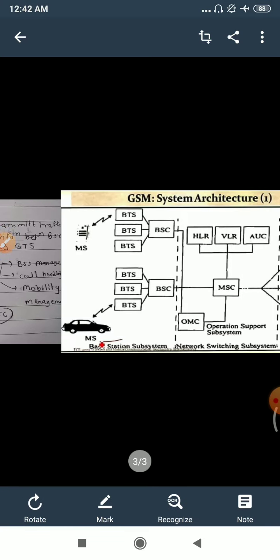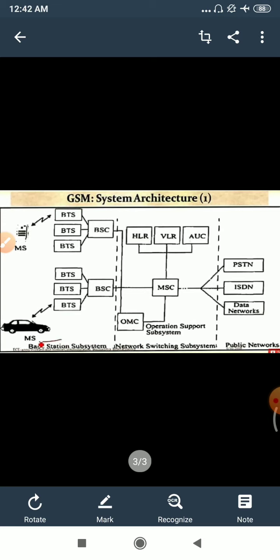This A interface will do the function of managing the BSS, that is, it will manage the calls at the BSC, it will handle the call, and it will manage the mobility, that is, handovers will be handled over this interface. So this is all about the GSM architecture. Thank you.